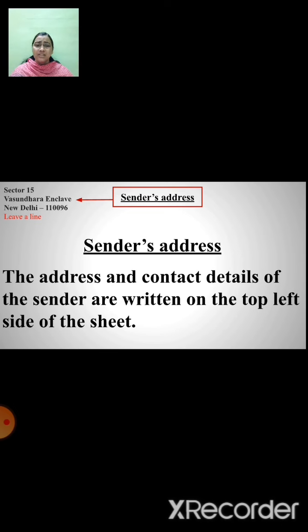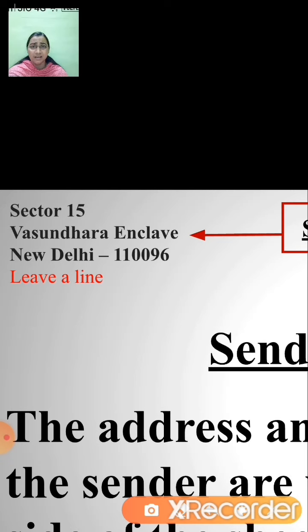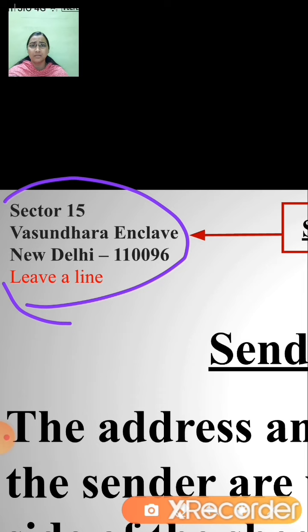Now students, PIN code is compulsory when you are writing the address. One more important point students, you will not use any punctuation mark while writing the address or throughout the format. As you can see here, there is no punctuation mark used.